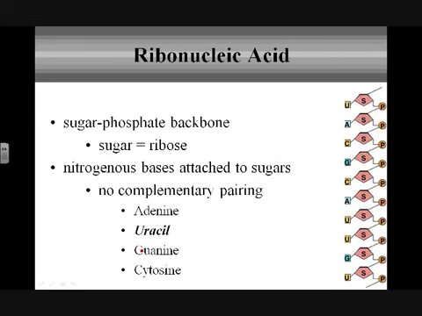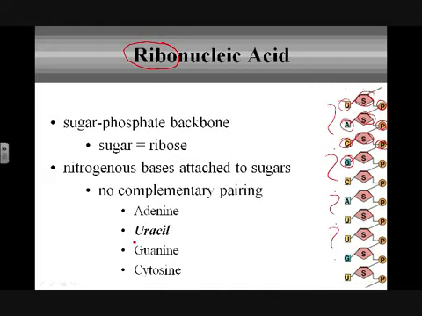RNA, ribonucleic acid. The sugar this time is ribose, which is in the name, ribonucleic acid. So we still have a sugar, phosphate, sugar, phosphate, sugar, phosphate, the backbone. And we still have nitrogenous bases that come off of the sugars, but there's no complementary base pairing within the molecule.